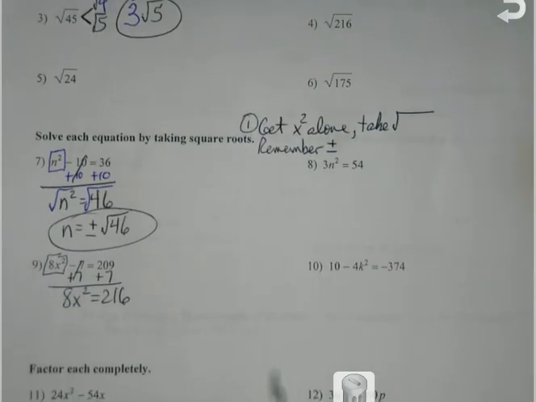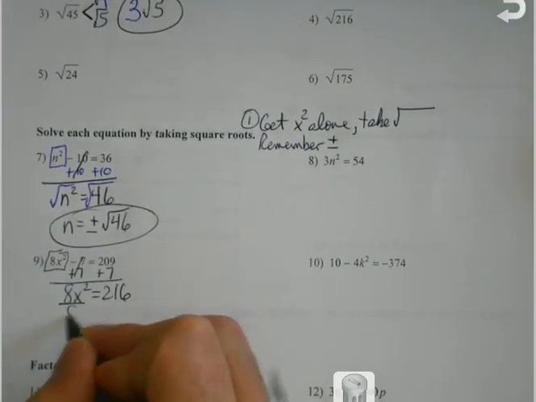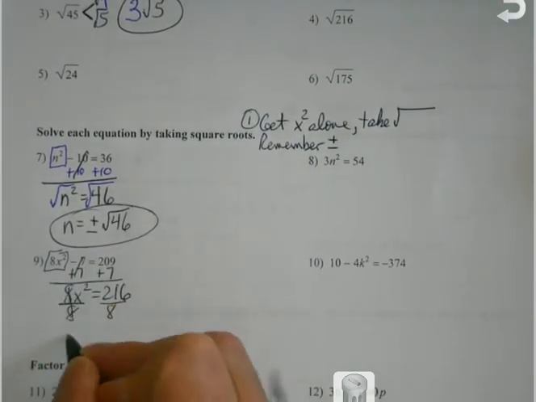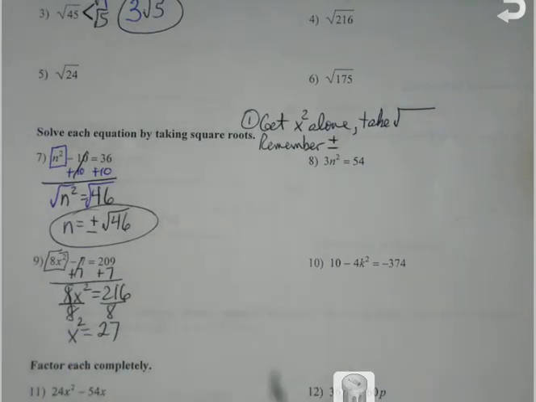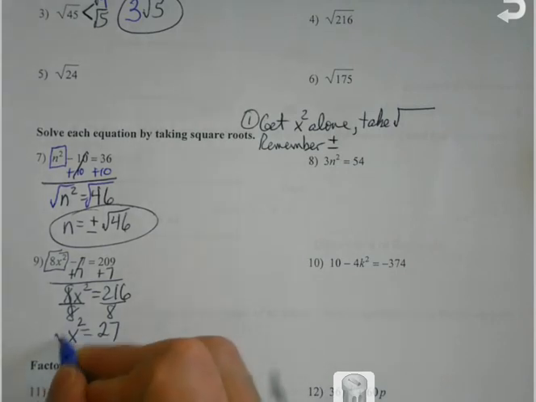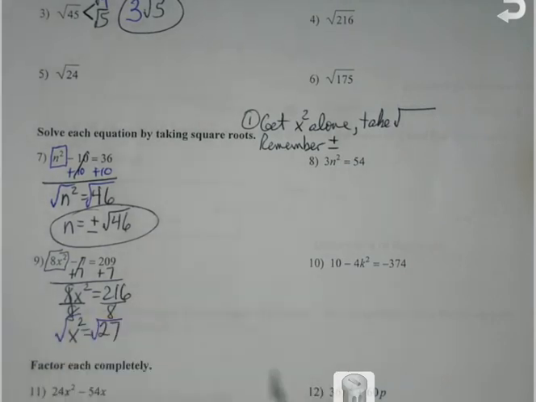Okay, once I get that term isolated, then I can divide. Once we finally get x squared by itself, I got to think about this for a minute. 27. Do any of the numbers in your list up top get into 27?